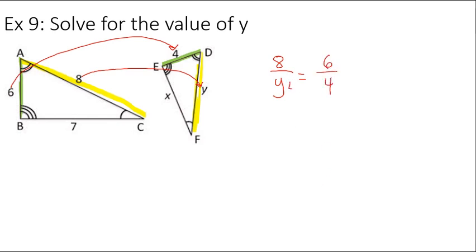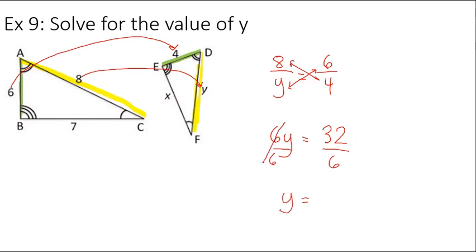And I cross multiply here. Y times 6 gives me 6y. And then 8 times 4 gives me 32. Again, I'm going to divide by 6. These eliminate.